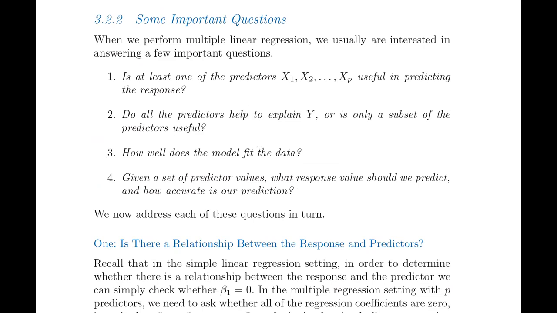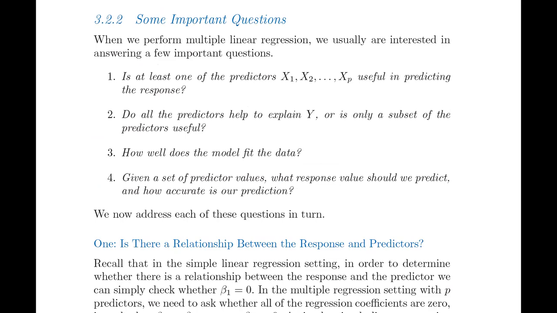Some important questions. When we perform multiple linear regression, we usually are interested in answering a few important questions. Is at least one of the predictors, x1 to xp, useful in predicting the response? Do all the predictors help to explain the response, or is only a subset of the predictors useful?